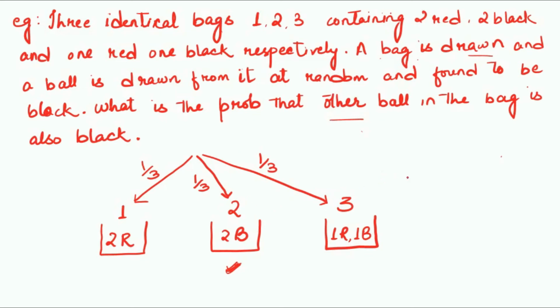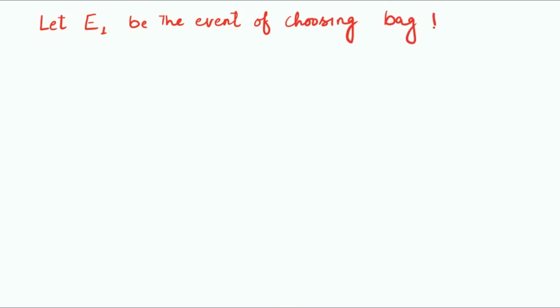So I will define the events of choosing a black ball from this, from this, and from this. Please be with me, try to understand. We will apply this in other problems also. Let E1 be the event of choosing bag 1.